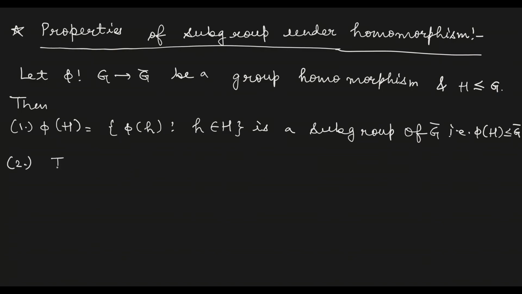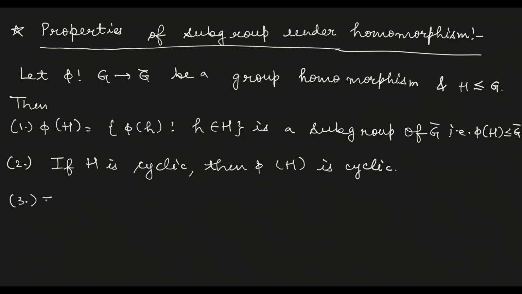Second, if H is cyclic, means if the subgroup is cyclic, then phi H is also cyclic. Third, if H is abelian, then phi H is also abelian.